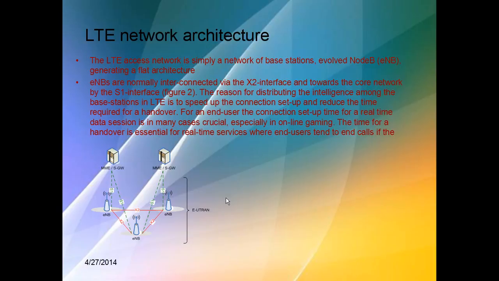It involves eNode B generating a flat architecture. The eNode Bs normally interact with each other. Those stations communicate through the X2 interface and towards the core network by the S1 interface. We can see this in the picture.